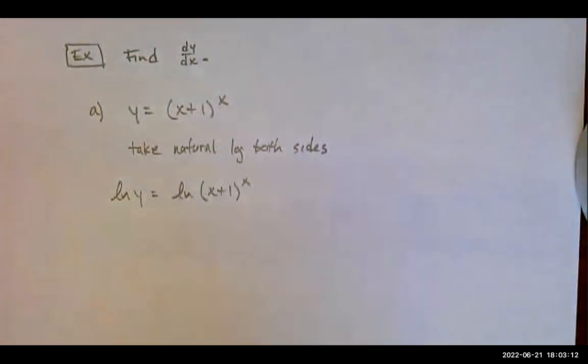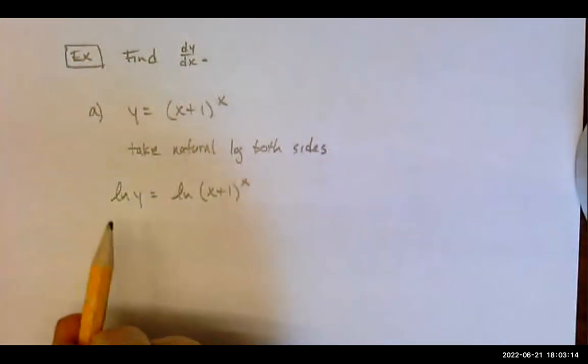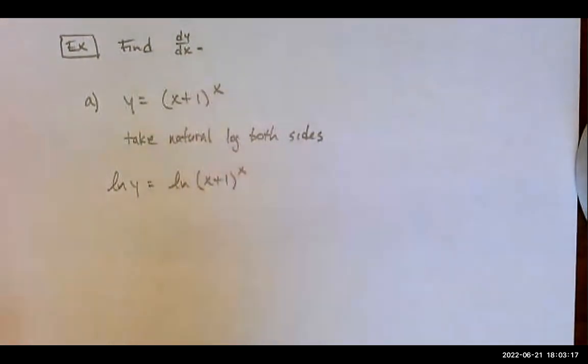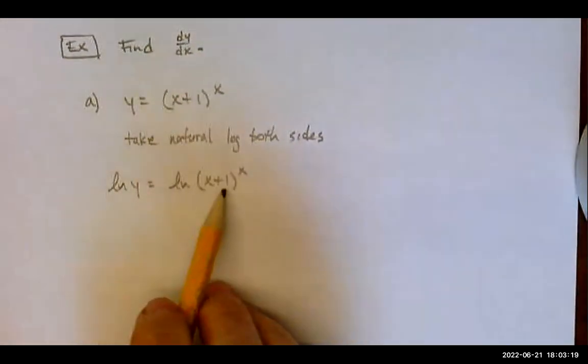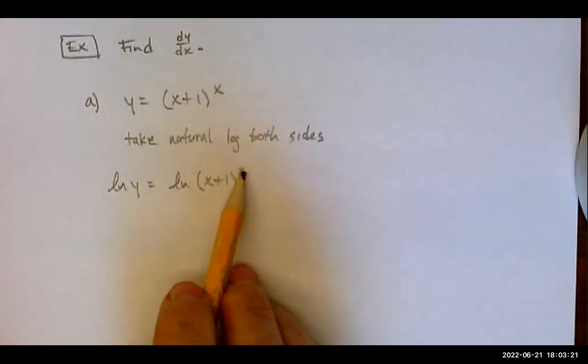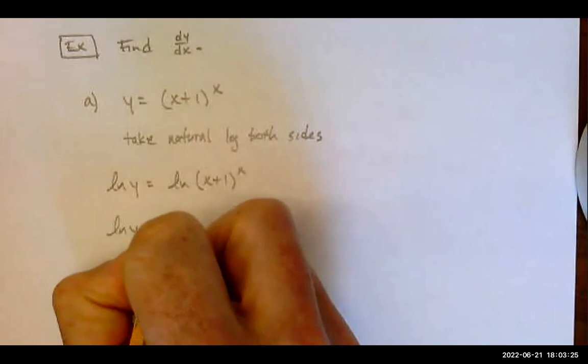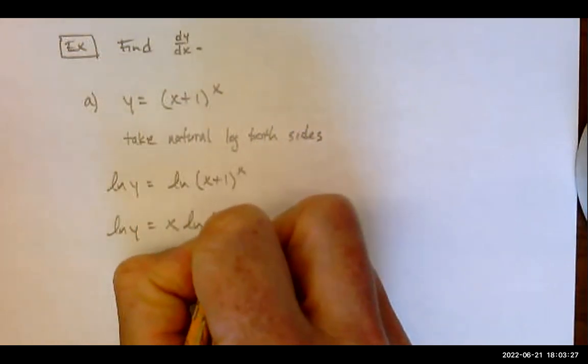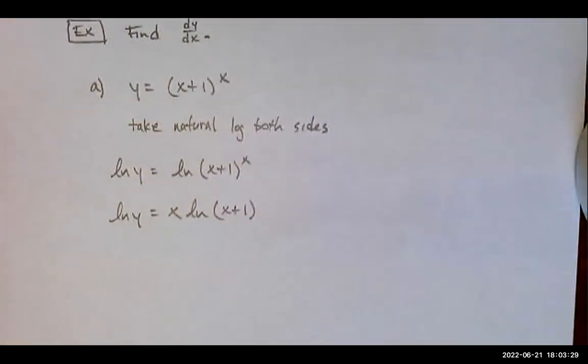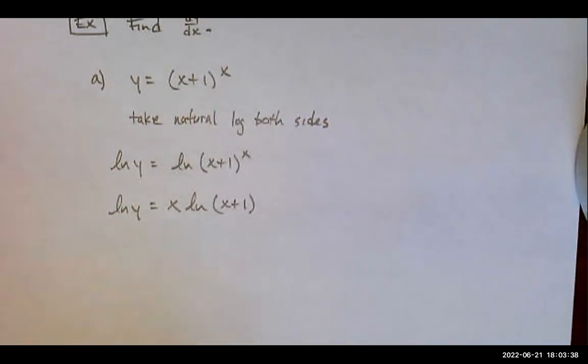Once we do this, now notice we can apply our rule here on the right side. We can move this x exponent down to the front: x times the natural log of x plus 1, like so. At this point, now that it's out of the exponent, we can take the derivative of both sides.